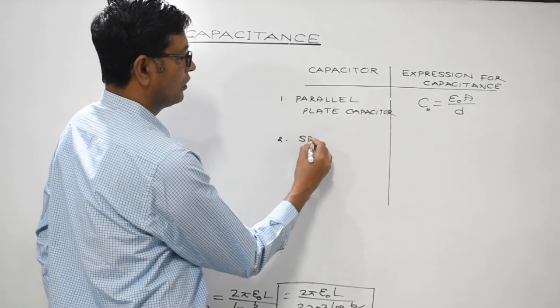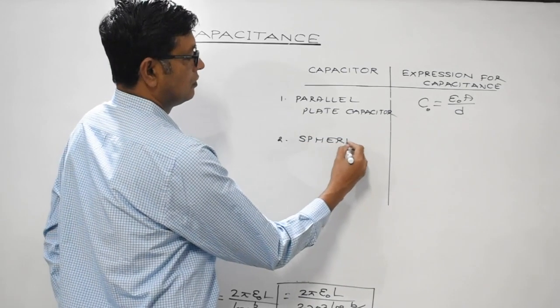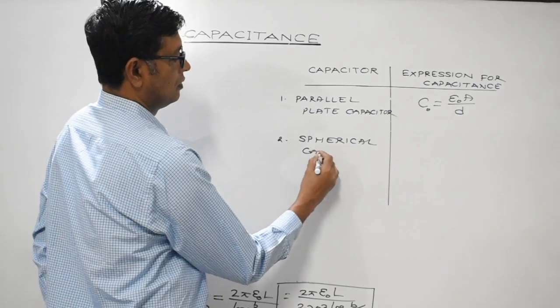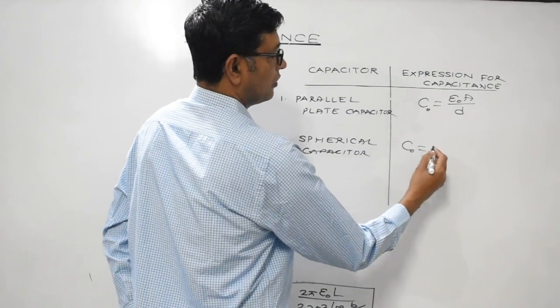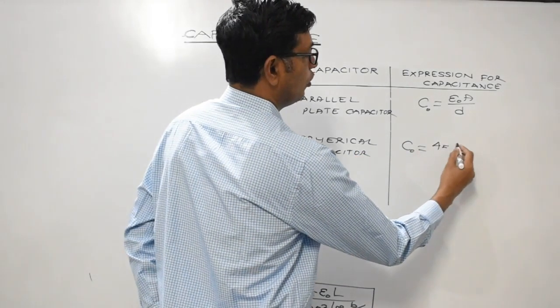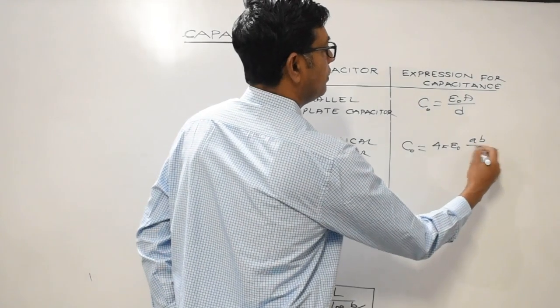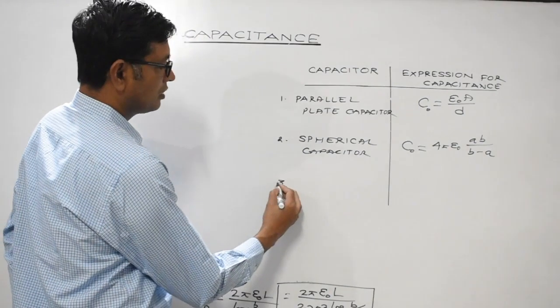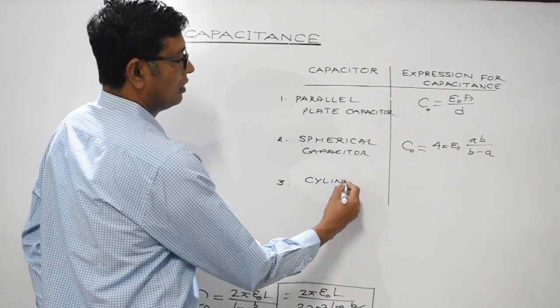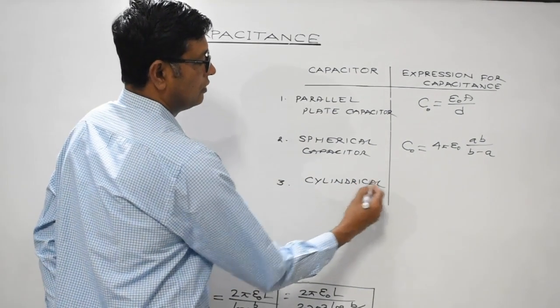Second, spherical capacitor. This, we have discussed, the capacitance as 4 pi epsilon AB divided by B minus A. Third, just now we have discussed cylindrical capacitor.